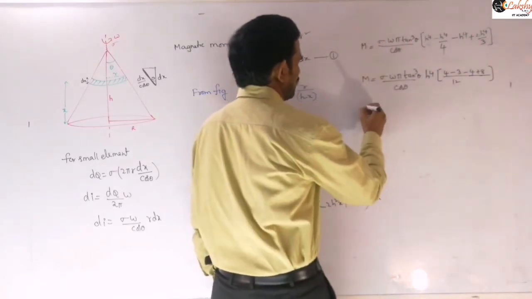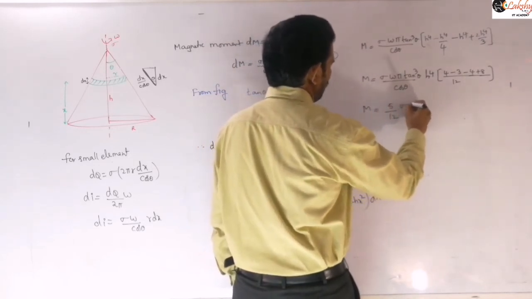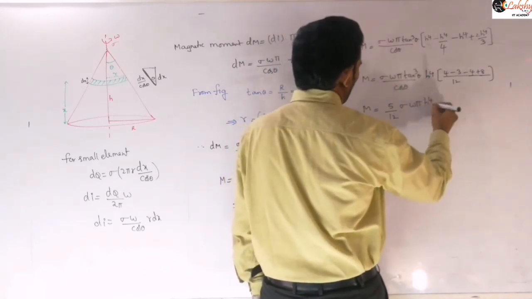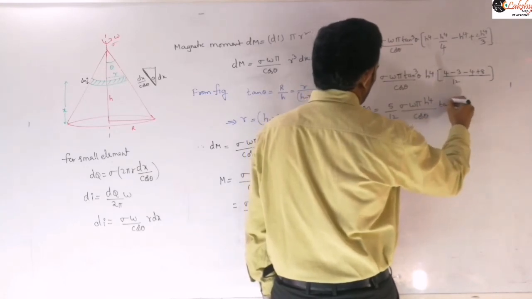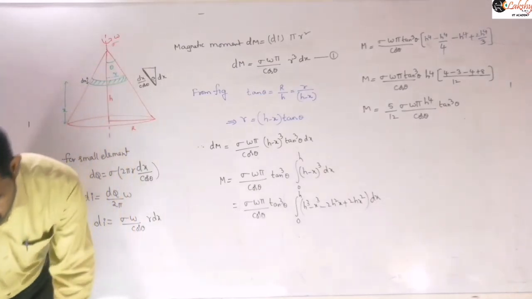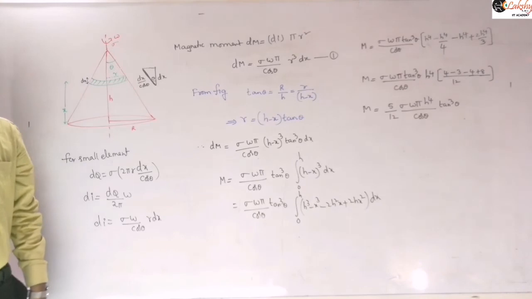And so that value you can write as 5 by 12 into sigma omega pi h power 4 by cos theta into tan cube theta, right? So that will be the magnetic moment of this cone.